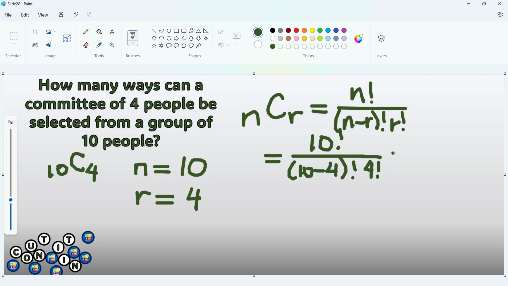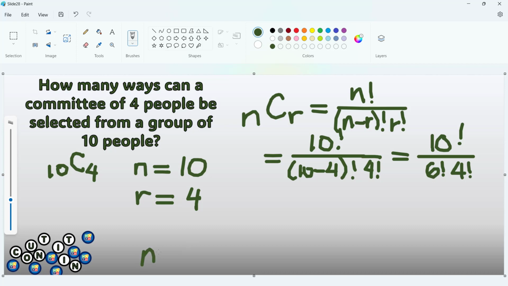You would know that your denominator is correct when you see something like this. Of course, your numerator is 10 factorial. Your denominator is 10 minus 4, that's 6 factorial times 4 factorial. Let's just simply talk about the numerical expressions, not the factorial notation. 6 plus 4 is 10, but not 6 factorial plus 4 factorial. Just the numbers 6 and 4 add to 10, and you would know that that's correct.